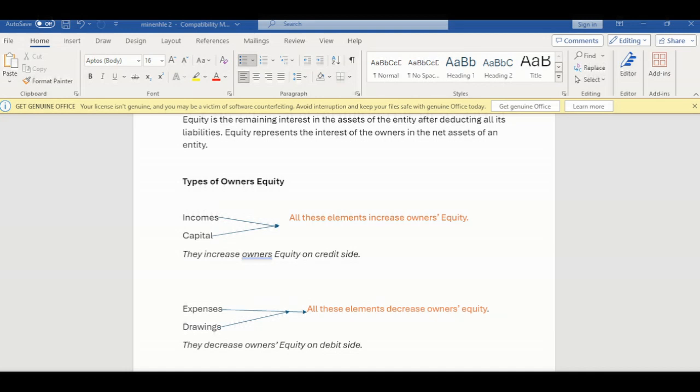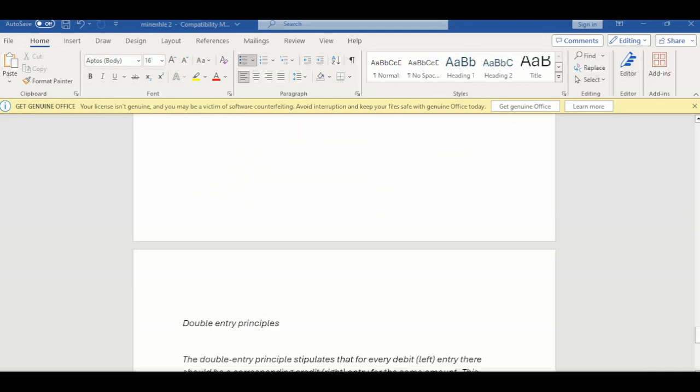Incomes and capital are all elements of owner's equity which increase owner's equity on which side? On a credit side. And our expenses and drawings are all elements which decrease owner's equity on a debit side. All right, we move on.